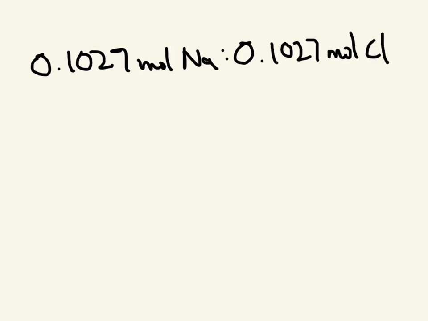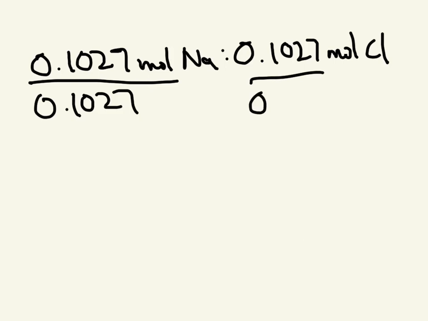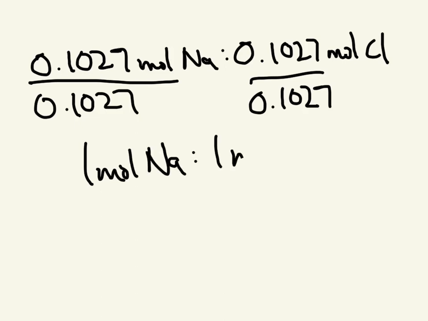Since they're both the same, you can just pick one and divide. So we have 0.1027 over 0.1027. That means we got 1 mole of sodium to every 1 mole of chlorine.